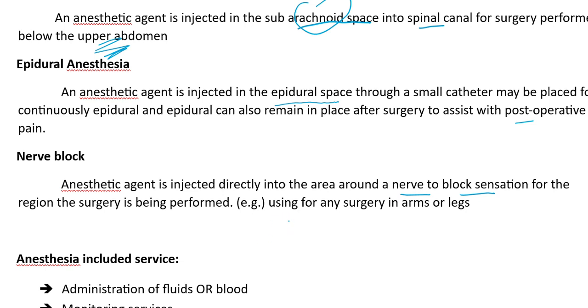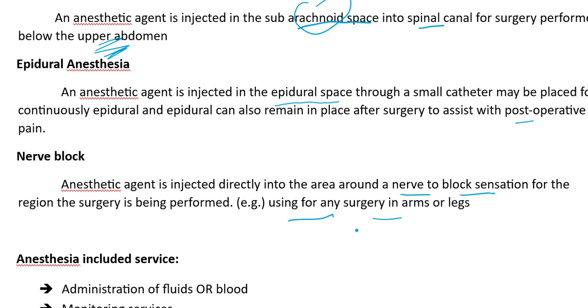For example, it is used for any surgery in arms or legs. These are the types of anesthesia: topical, local, general, and regional. Under regional anesthesia, again we have three types: spinal anesthesia, epidural anesthesia, nerve block.